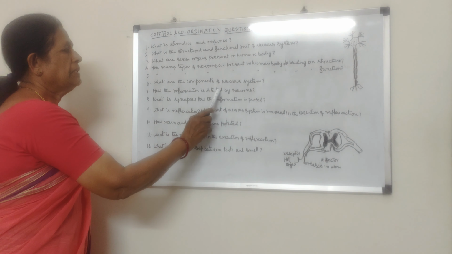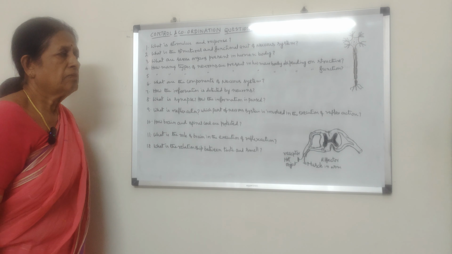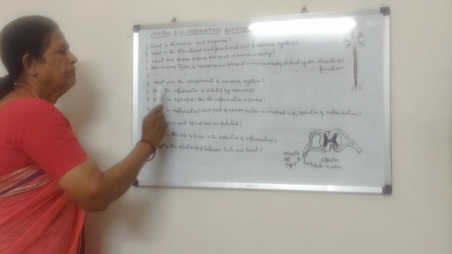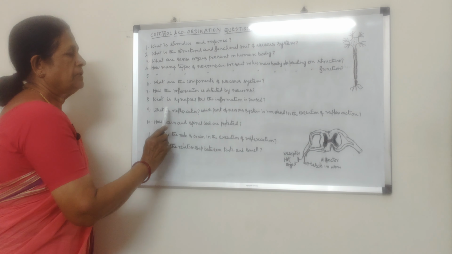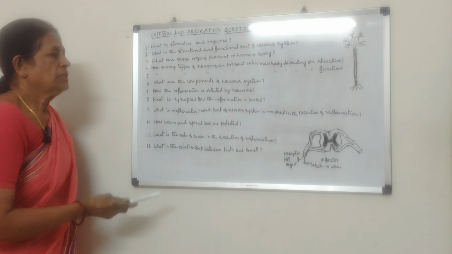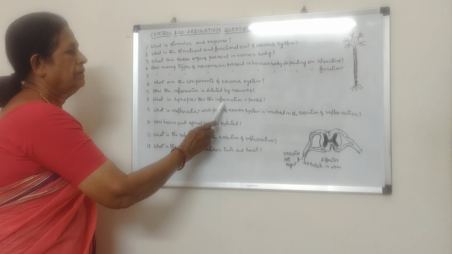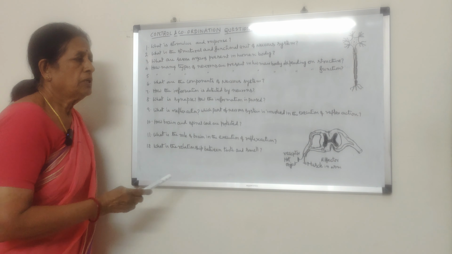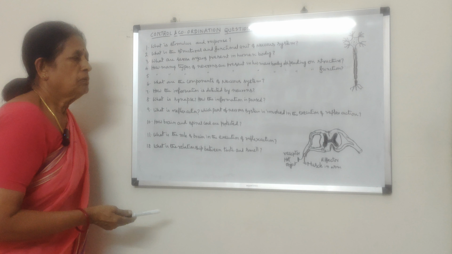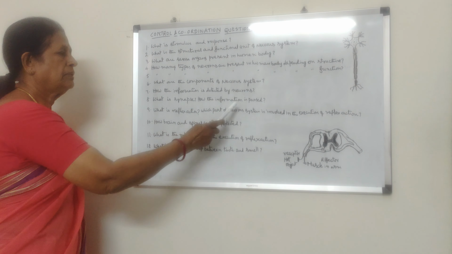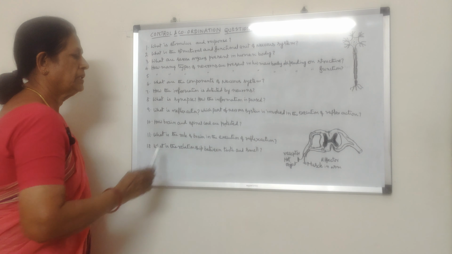How is information detected by neurons? By means of receptors, the information is detected by neurons. What is the synapse? The gap between two neurons is called a synapse, and the information is passed from one neuron to another neuron by producing small chemicals, and a small amount of electricity is generated, which is called action potential.